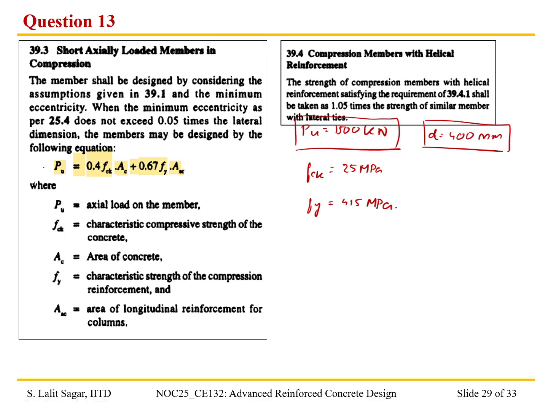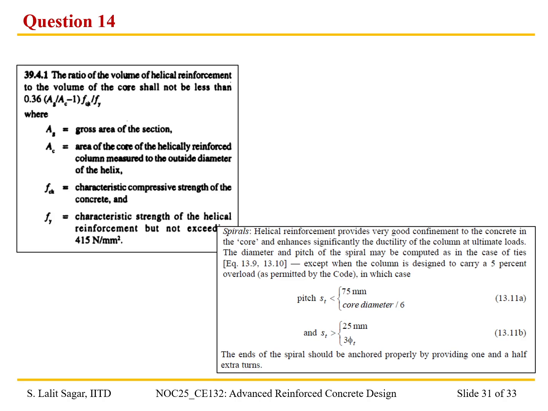So it is given that as per clause 39.4 of IS 456, the strength of compression members with helical reinforcement satisfying equation 39.4.1 shall be taken as 1.05 times the strength of the similar member with lateral ties. 39.4.1 corresponds to the volume of the helical reinforcement.